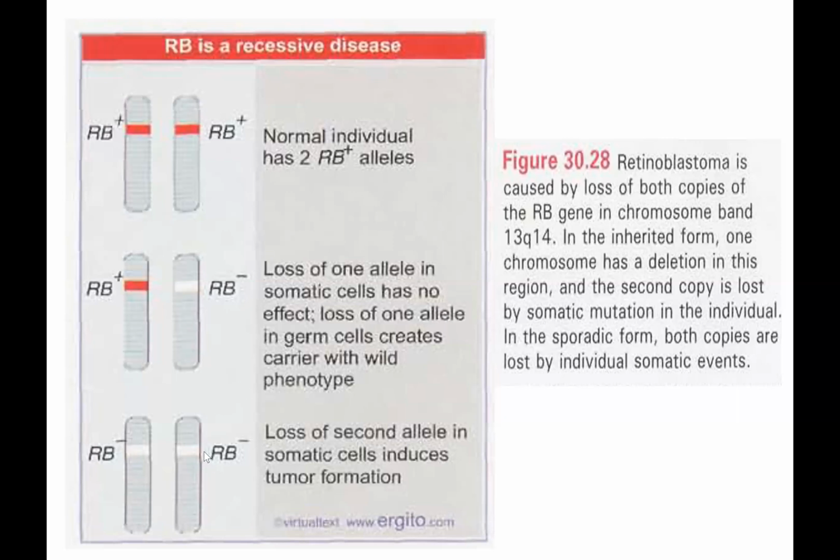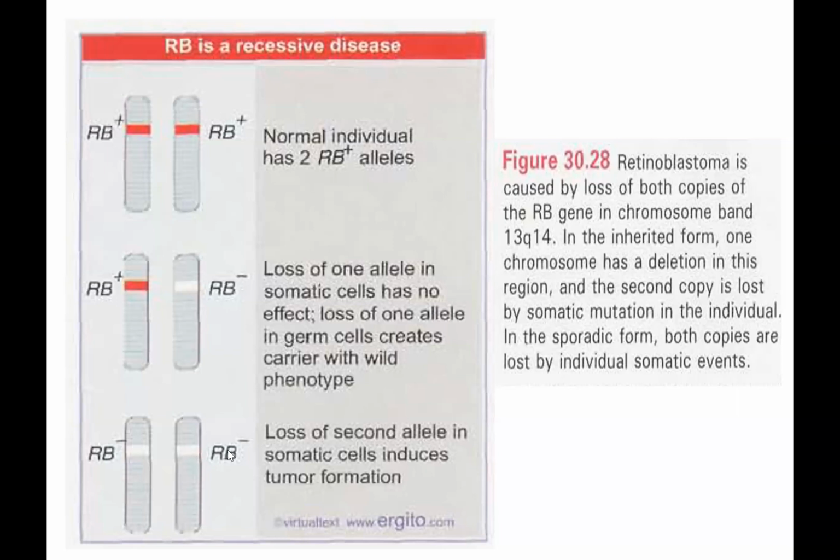And when it is RB minus, it means this protein is not made, which is a tumor suppressor protein, and the cell is not able to stop itself and it starts dividing uncontrollably. Okay, so this is one way of how both the alleles are lost. That is, one by way of deletion, and another by way of somatic mutation.